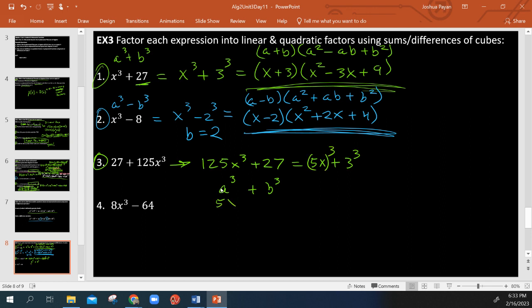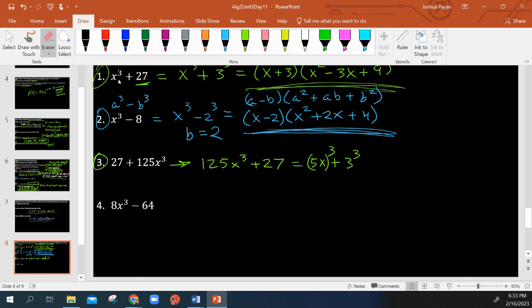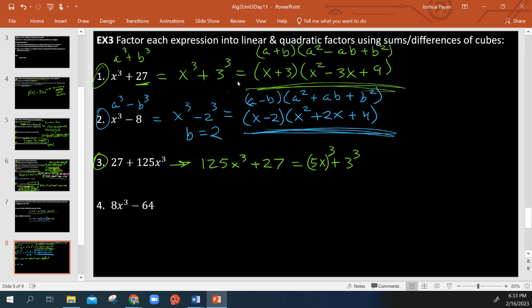This is because 5x times 5x times 5x: 5x times 5x is 25x squared, and that times 5x again is 125x to the third, which is exactly what we were looking for. It can kind of get down to just being good with numbers. Or if you're bad with numbers, you're going to end up playing around with numbers in the calculator until you figure it out, or just literally hit cube root on your calculator. There's always that. Anyway, so a is 5x and b is 3.